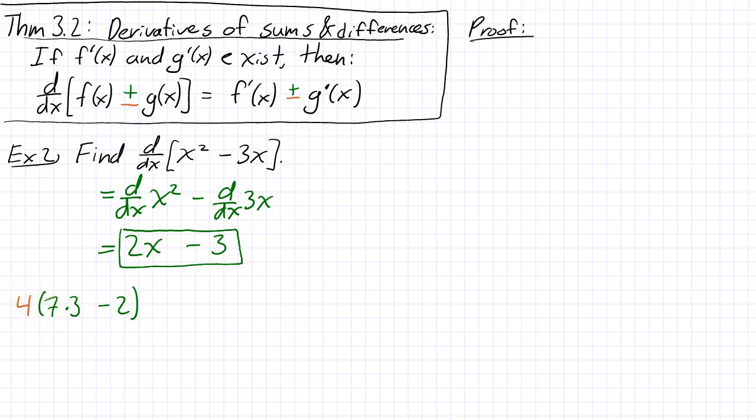One thing you could do is distribute the 4 in there. So you could do 4 times 7 times 3 minus 4 times 2.